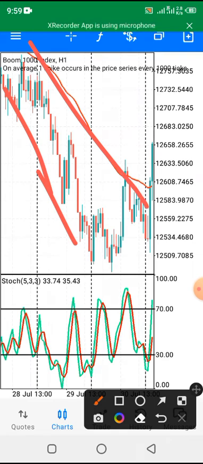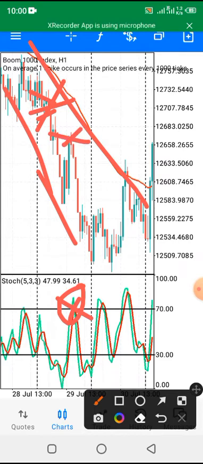So you just don't sell from anywhere. You wait for the stochastic. You can see the stochastic went to this 70 region and there was a crossover right here. Remember this is the 1 hour time frame. So all the conditions are met. Price was trading below the moving average, meaning you're looking for sells.